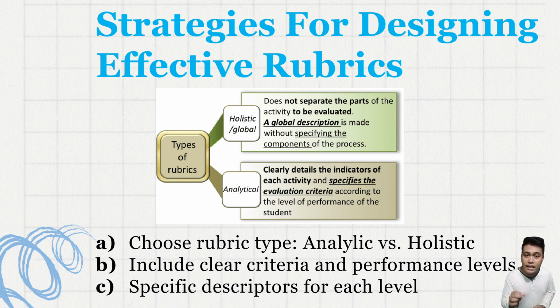A well-designed rubric includes clear criteria, performance levels, and specific descriptors for each level. This clarity ensures that both instructors and students have a mutual understanding of what is required for each level of achievement, which makes for a more effective assessment process.